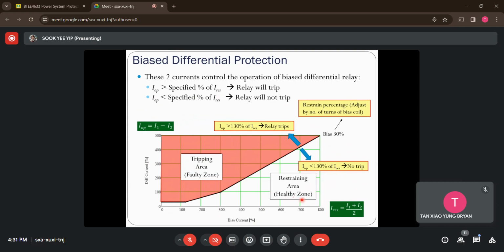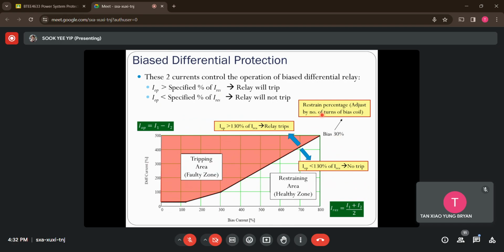So now the bias differential relay will be restrained from working because this is not an internal fault. It might be an external fault causing the operating current to be not equal to zero. Under these situations, the relay will not trip.